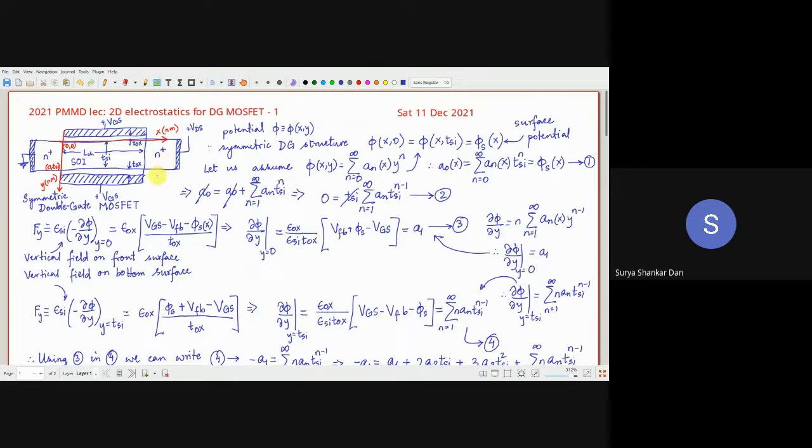You have to take both the variation of Fy, the vertical field, as well as Fx, the horizontal field. Essentially, for the Poisson's equation which we will solve today, you will have to find some method, some technique, in which you can solve the Poisson's equation for 2 dimensions. That's the topic for today.